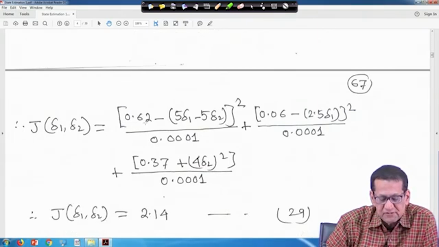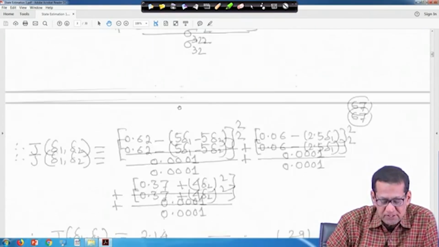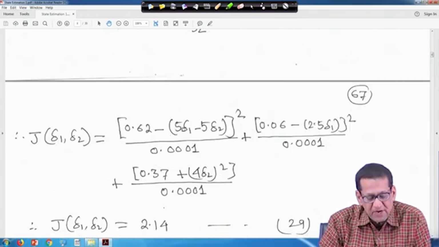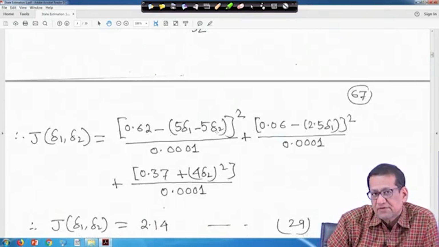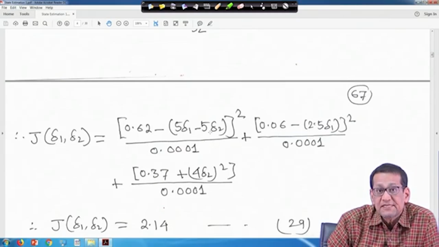So it is 0.62, and P12 is equal to F12, which is nothing but minus 5 delta 1 minus 5 delta 2. We saw this while finding the power flow from 1 to 2, and also the H matrix.